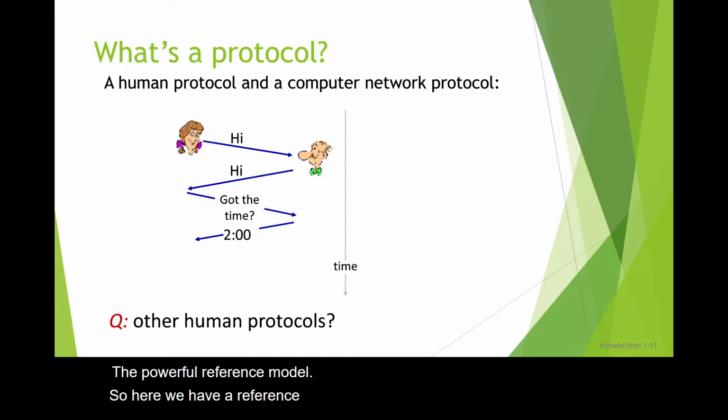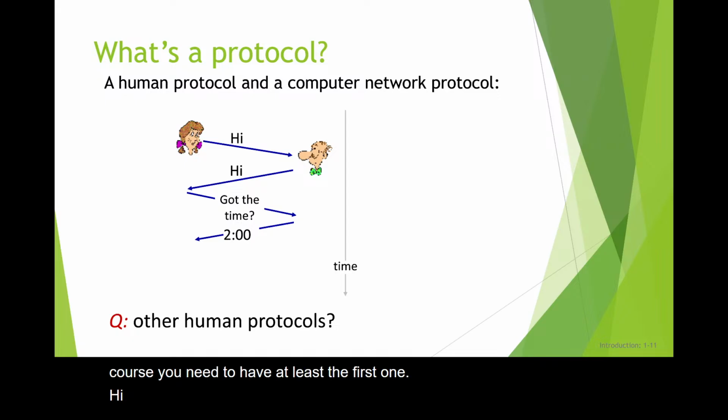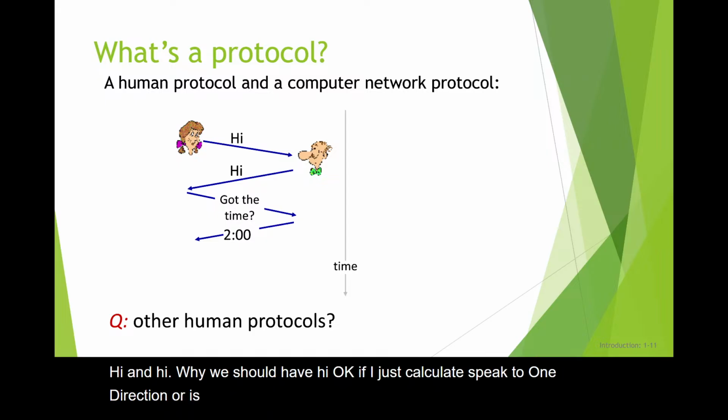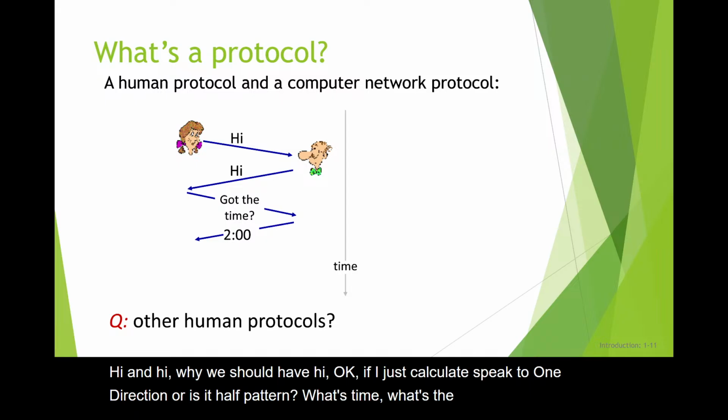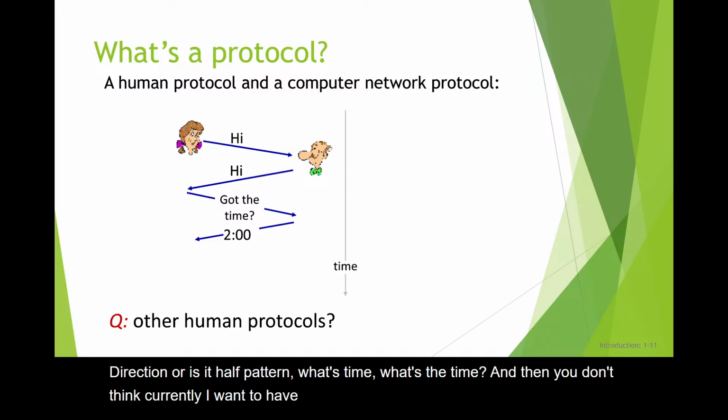If you want to ask some question, of course, you need to have at least the first one: hi and hi. Why should we have hi? If I just casually speak towards one direction, or is it 10:30? What's the time? Then you don't think I want to have the message exchange with you.